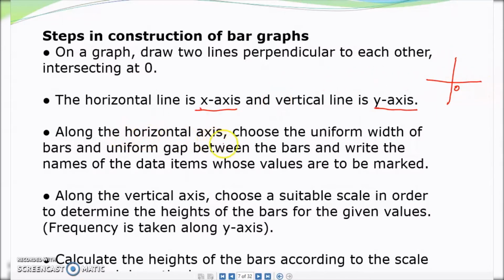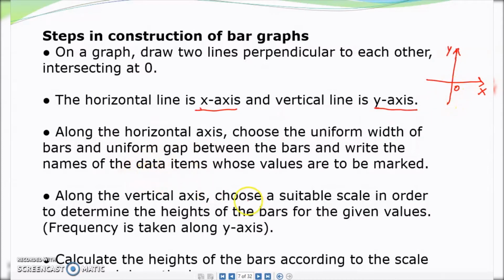On the horizontal axis, choose the uniform width of the bars and uniform gap between the bars and write the names of data items whose values are to be marked. So on this horizontal axis, that is the x-axis, you will be marking the categories you are going to represent, and on the y-axis, you will be writing the frequencies.